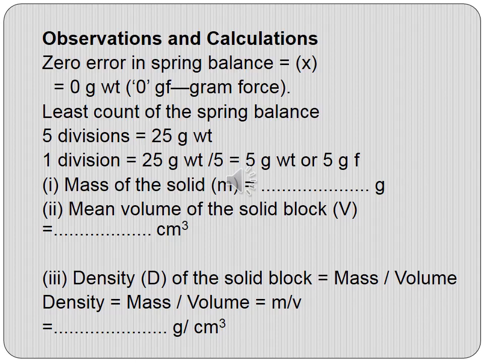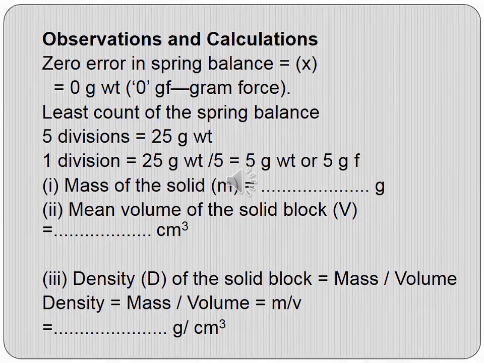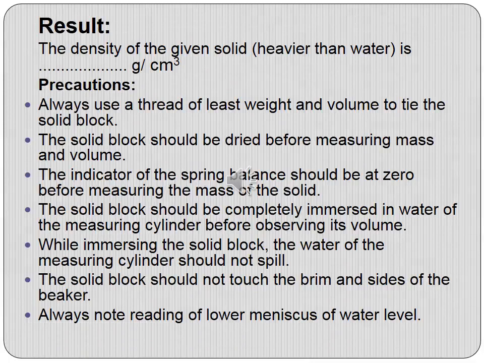After that, you have to calculate the density of the stone, which is mass divided by volume, tabulated in the unit of gram per centimeter cube. Again, you should mention the result, which is the density of the given solid, which is heavier than water, in the unit of gram per centimeter cube while writing the practical record.